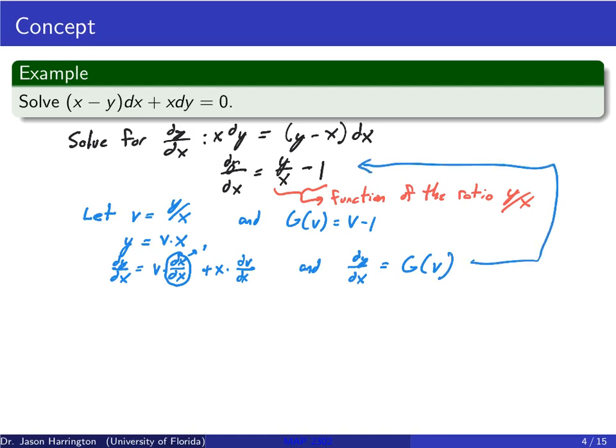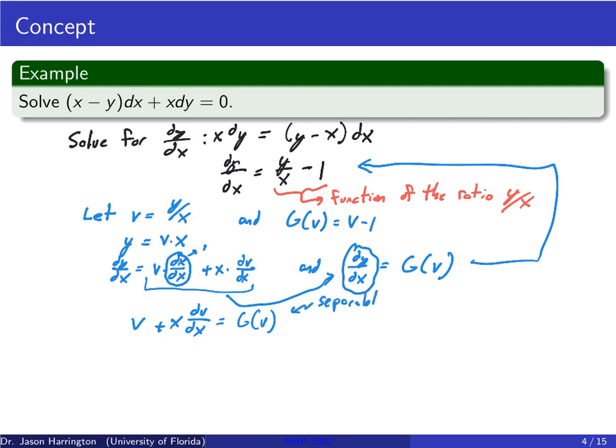So if I put this substitution inside my dy over dx, then I have v times 1, which is just v, plus x dv over dx is equal to g of v. Now what makes this cool is that that's now separable, which makes it easier to solve.